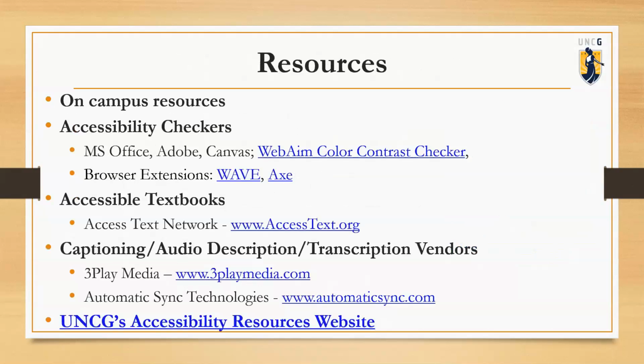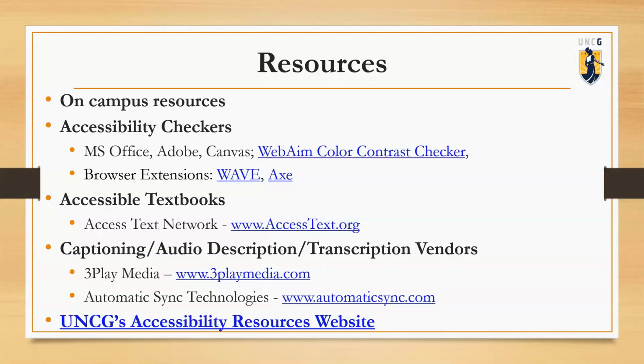So my last page here is resources. Like I said, depending on where you are with accessibility and your knowledge level, a lot of the things that I talked about, you may be able to do on your own, but you may also need to seek out additional assistance for those things, along with some other accessibility issues that would need to be addressed. So certainly seek out resources on your campus.